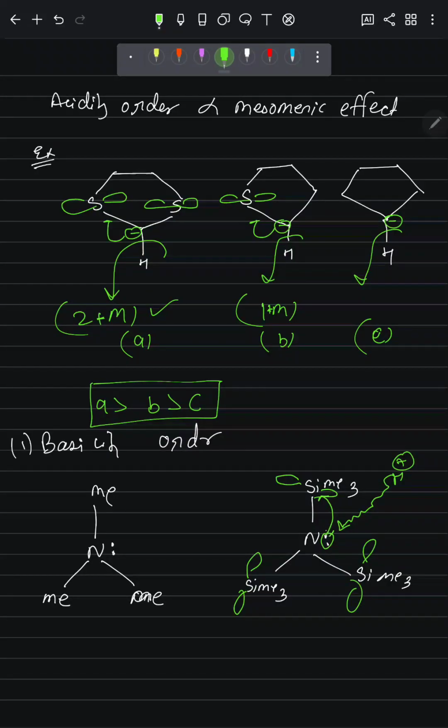So it can be here one time, here or here, so it is most likely not to be found. It is not more basic, and this is more basic.